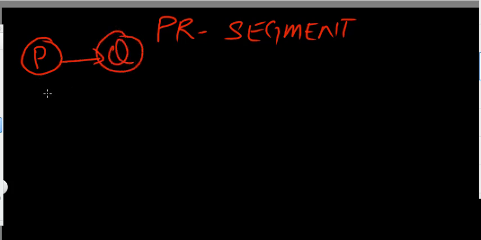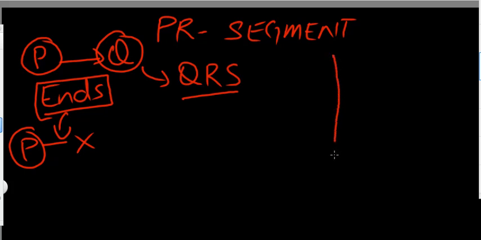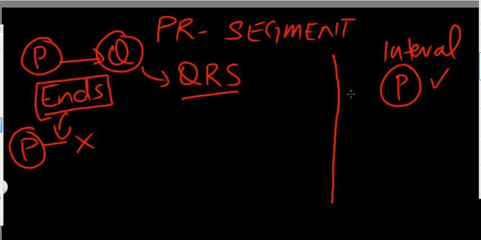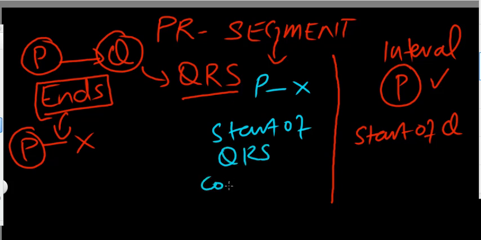Here, we will take the end of P, which means that you won't include P in it, but you will include the Q. If we draw a line, the PR interval will have the P wave and the start of the Q wave, but in the segment you will have no P wave, but you will have the start of your QRS complex.